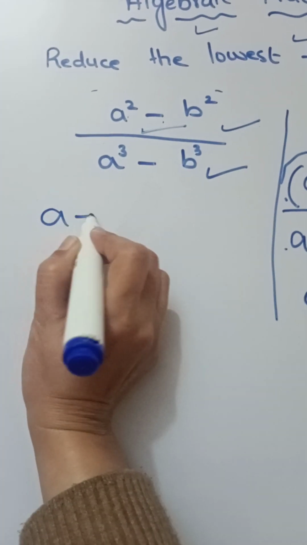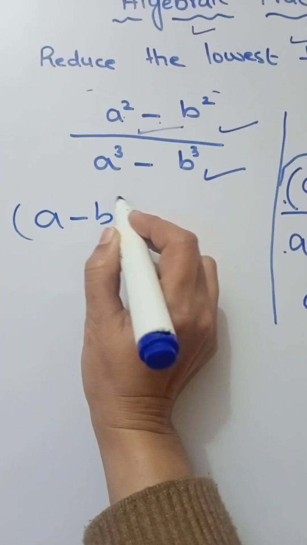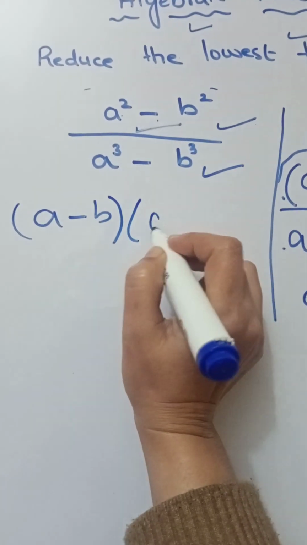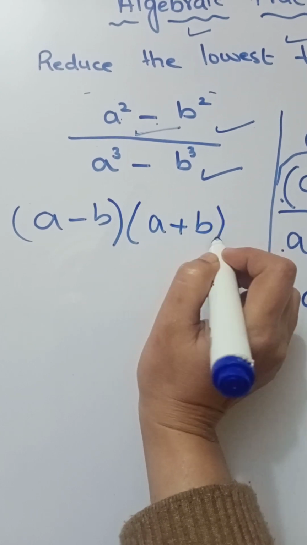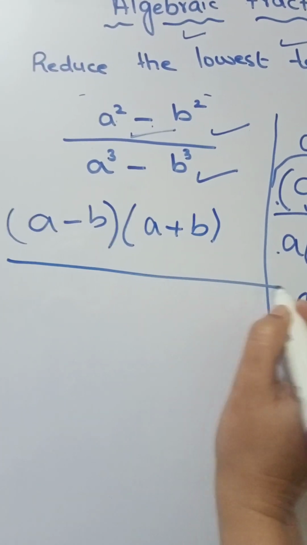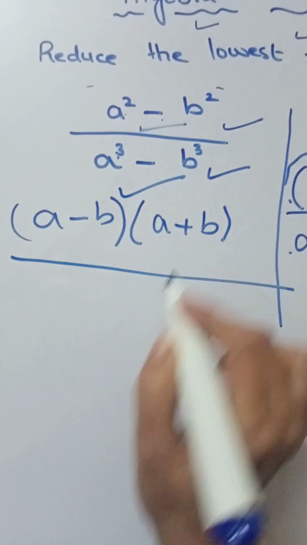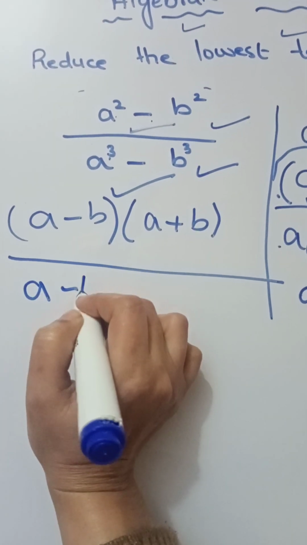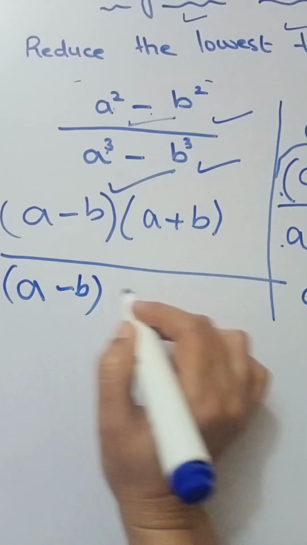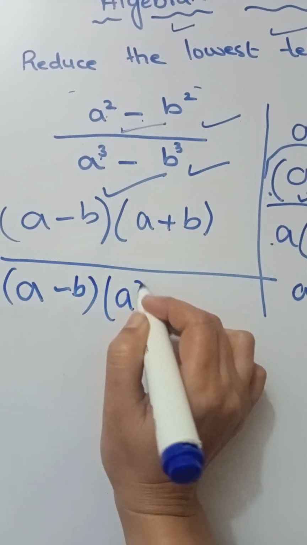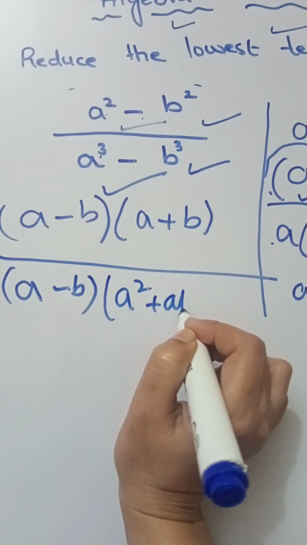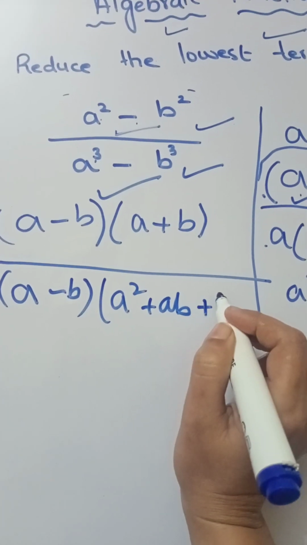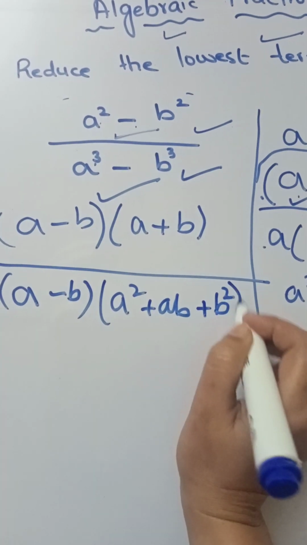How? In one bracket we have a minus b, whereas in the other bracket we have a plus b, and this equals a minus b and a square plus ab plus b square.